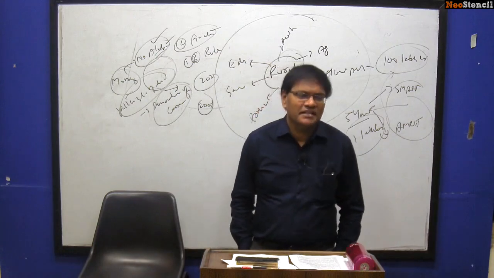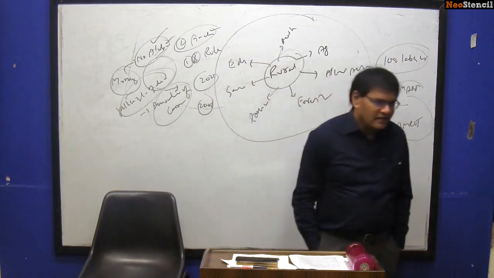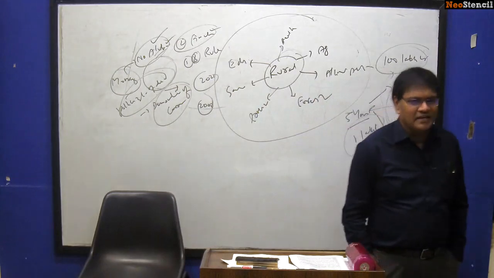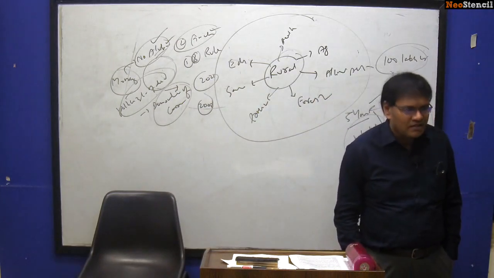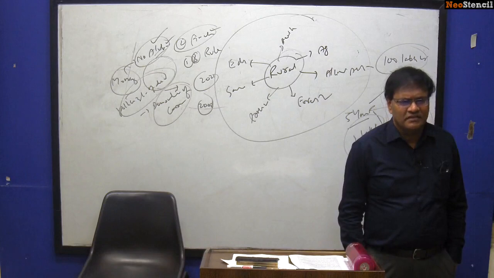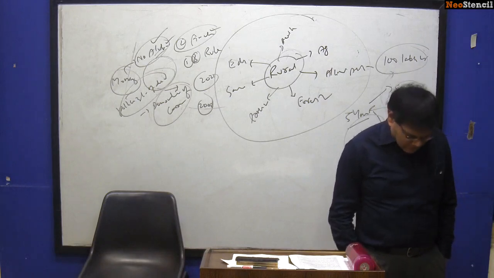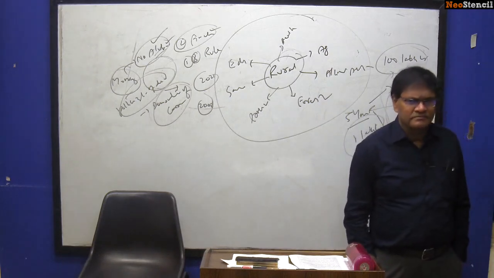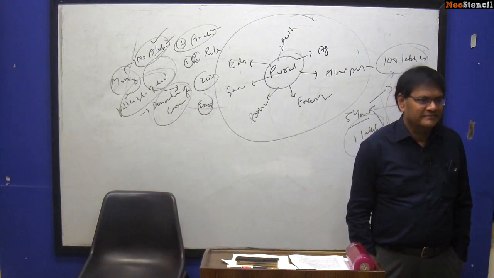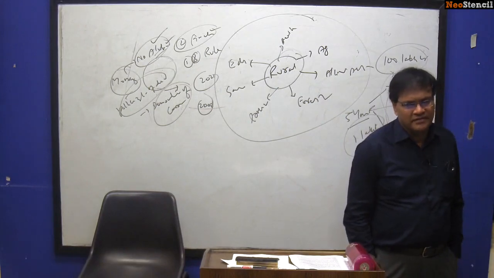Why, how and where this transformation had taken place is the crux of your answer. And the most important part of your answer should always be why. Why this transformation had taken place.